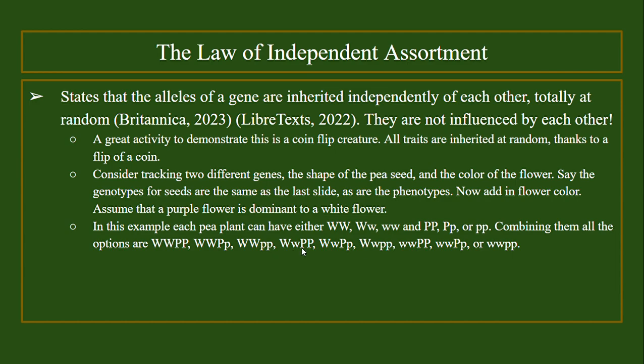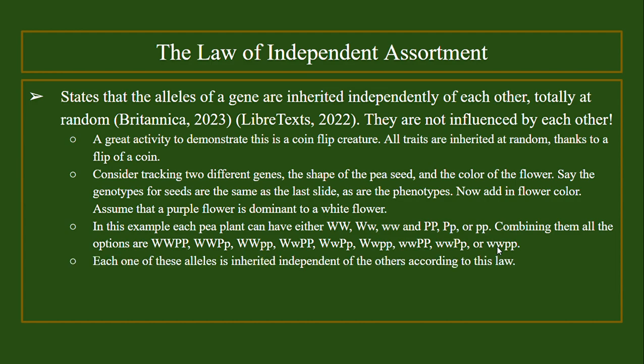We can also get more smooth seeds and purple flowers with big W, big P. Or we can go for a true heterozygote and get big W, little w, big P, little p. Again, we're going to have wrinkled seeds and purple flowers. We can have big W, which is again smooth seeds, but now we have white flowers. We can also have little w, big P, in which we get wrinkled seeds and purple flowers, wrinkled seeds again, and purple flowers again, or finally, we can have wrinkled seeds and white flowers.